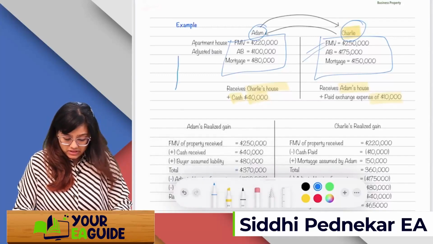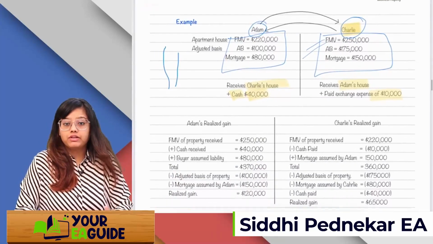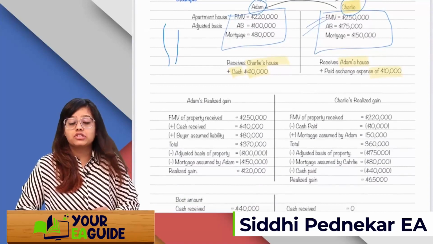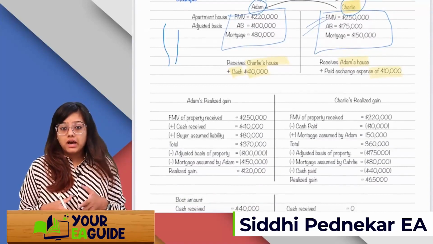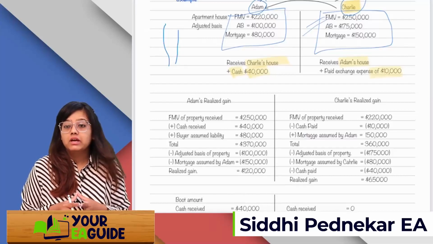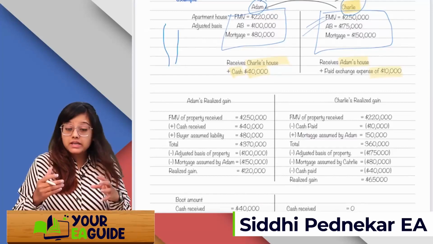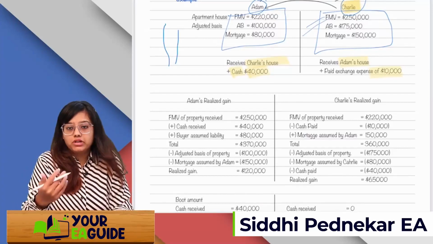Adam is receiving a property which has an FMV of 2,50,000. So we will take the FMV of the property. We will add cash received. Adam is also receiving cash, which is 40,000. Plus buyer assumed liability. He is giving up the mortgage, so whatever he is giving up will be the benefit.